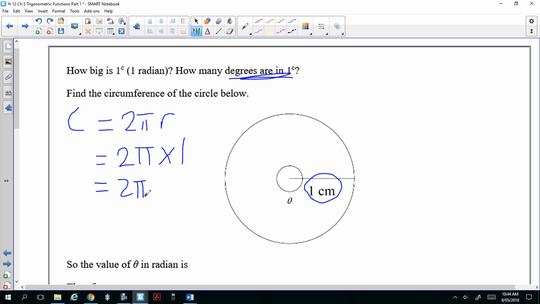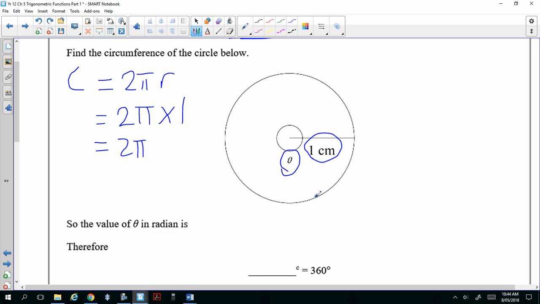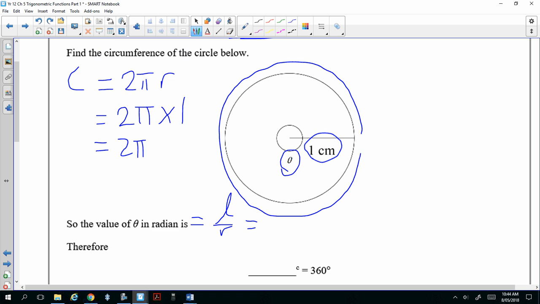Now let's calculate the theta in radian. The value of theta in radian is using the formula L over R, right? Now in this case, what is L? The arc length. Well, the arc length is the whole thing, isn't it? So L is 2 pi, over radius is 1, so just 2 pi.